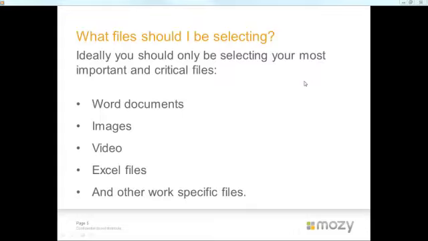For example, with an accountancy firm or a financial firm, maybe Excel files and software they use like QuickBooks might be the most important things to back up. So it just comes down to selecting the most important things for you, mainly because this also reduces the amount of quota you're using for backups, and it also reduces your cost.